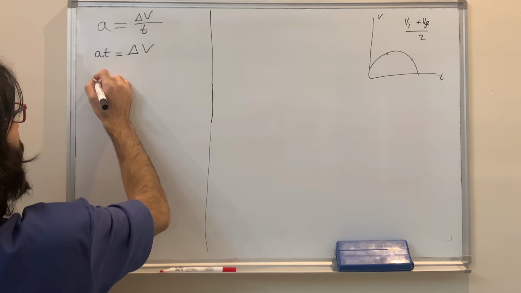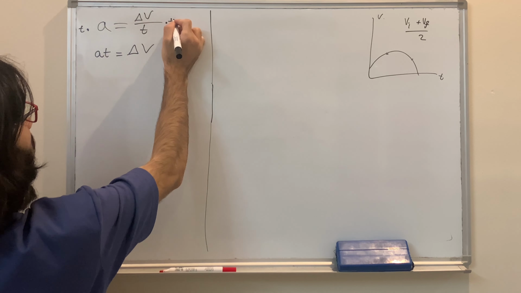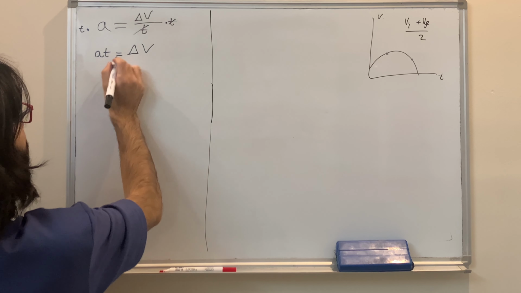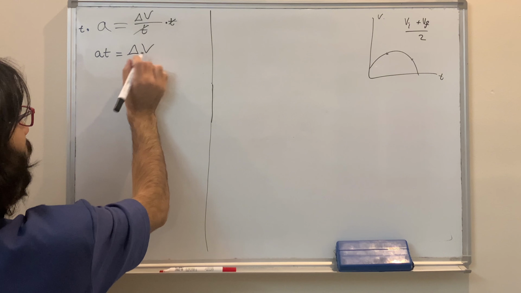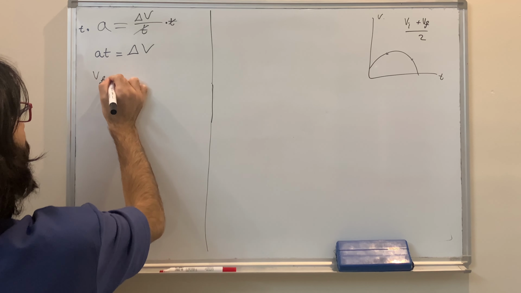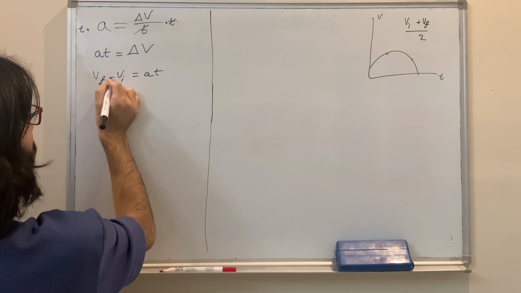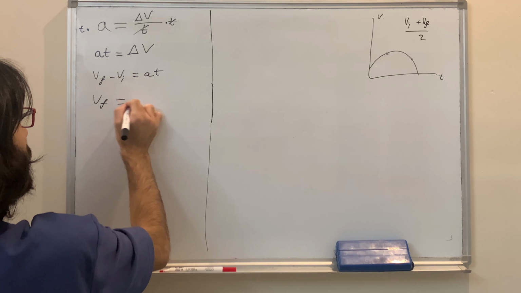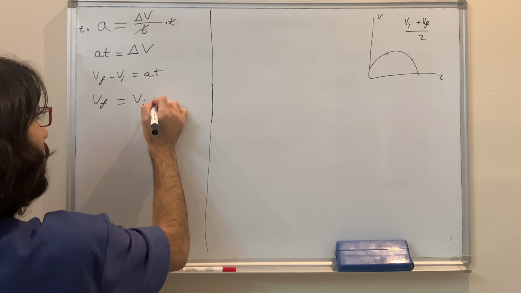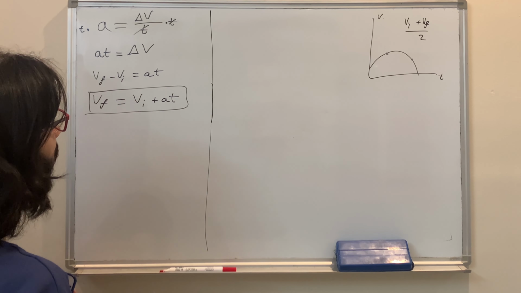To solve for this, you can multiply time on both sides and then cancel out. Then you expand delta v to v final minus v initial equals at. You move the v initial to the other side and you're gonna get v final equals v initial plus at. And that's the first one.